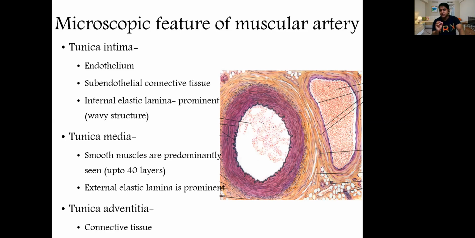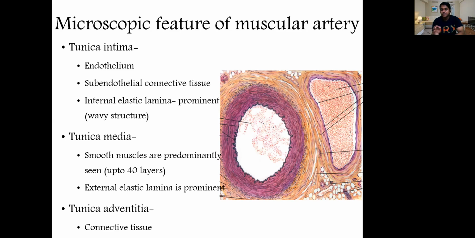Now, the point to note here is why the internal elastic lamina is prominently seen. The reason is the smooth muscles. The smooth muscles create the wavy nature of the internal elastic lamina. The tissue we procure is from dead tissue.